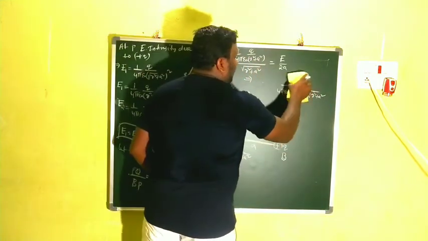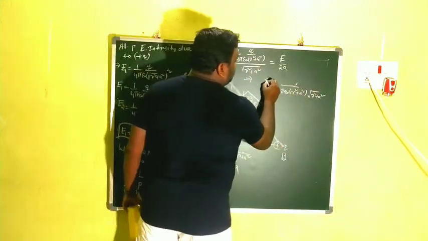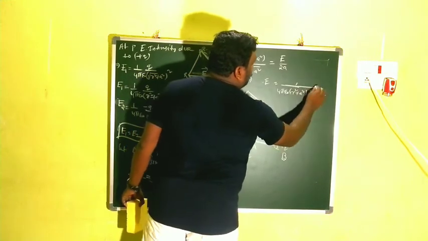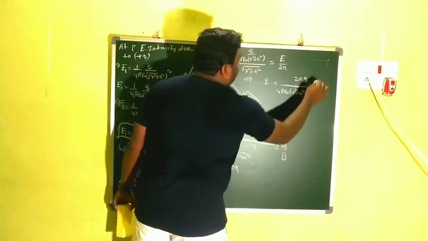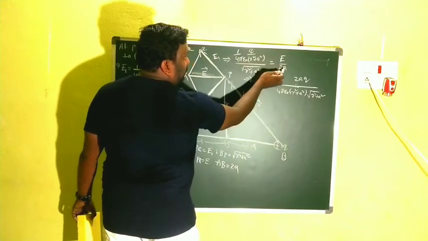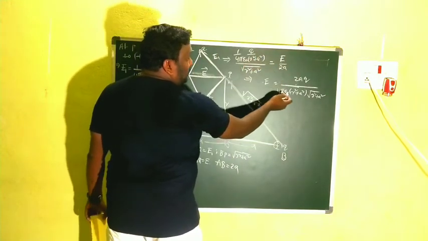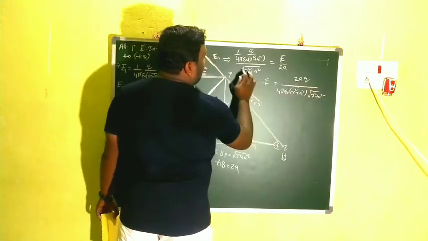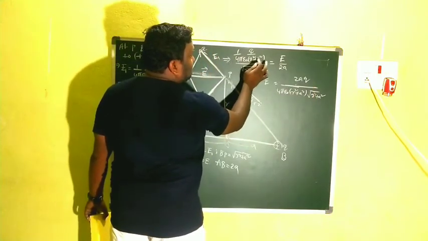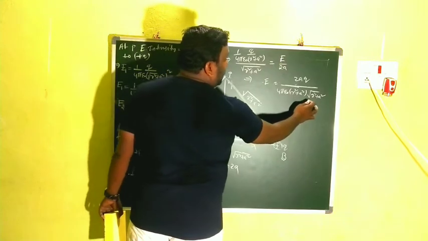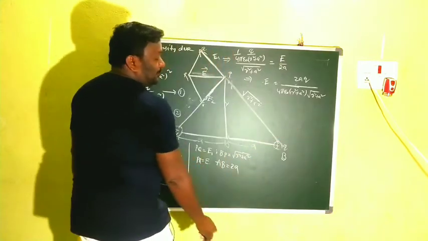So simply we are writing E is equal to 2AQ by 4 pi epsilon naught into R square plus A square into under root of R square plus A square.